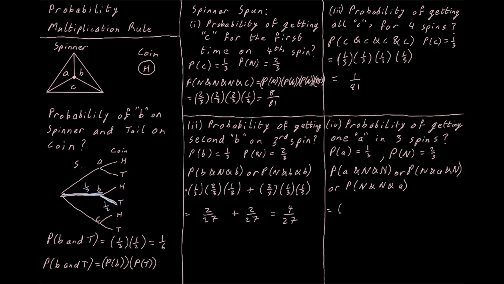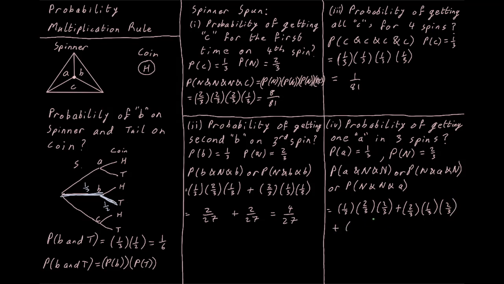The probability of getting an A, a third of the time I'd get an A, and then 2/3 of that time I'd not get an A, and 2/3 of that time I'd not get an A. And I'd be happy with the other outcomes, so I add up all these probabilities. 2/3 of the time I'm not going to get an A, then a third of that time I'm going to get an A, and 2/3 of that time I'm not going to get an A again.